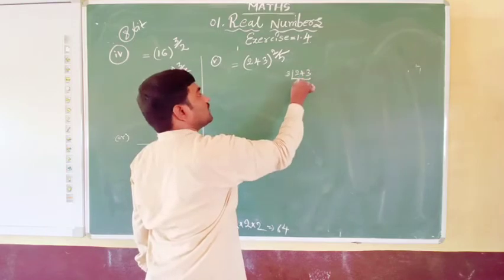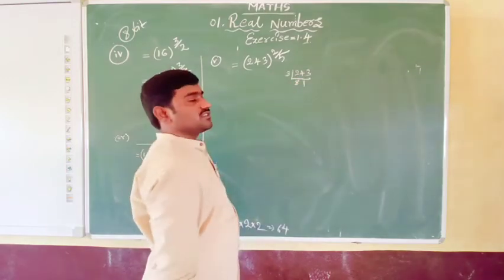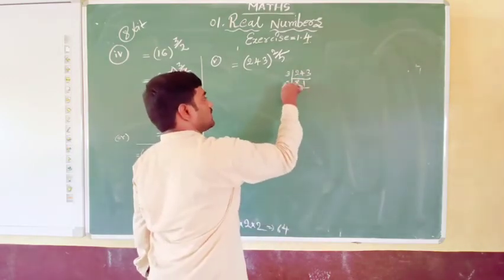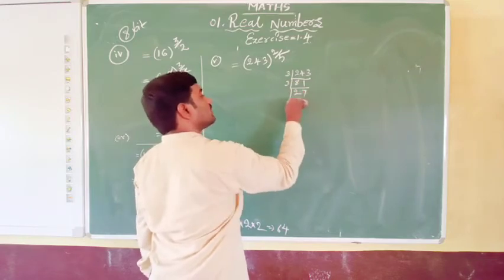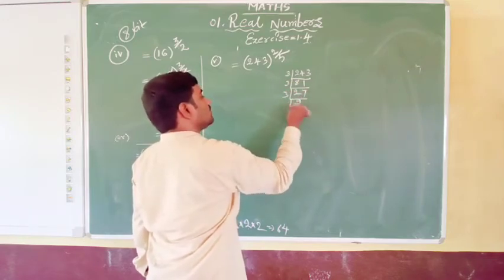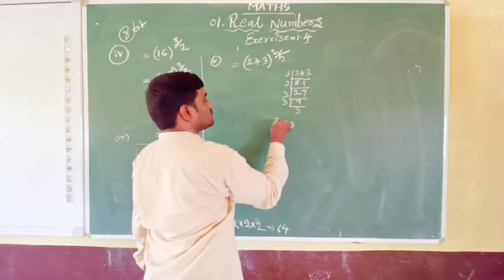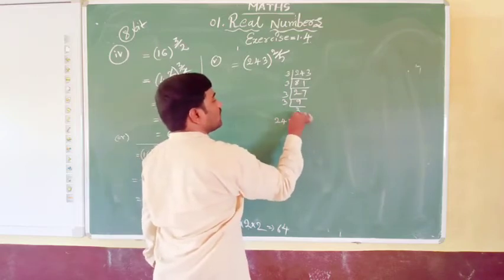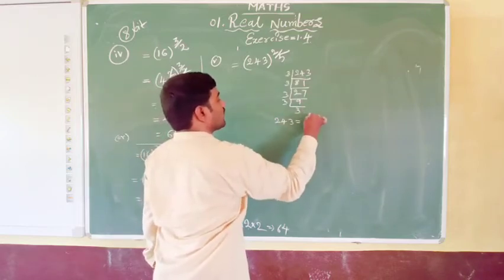We'll go for the 3 table. 3 8s are 24, 3 1s are 3, 3 27s are 81, 3 9s are 27, 3 3s are 9. Hence 243 we can write as 3 to the power of 5.